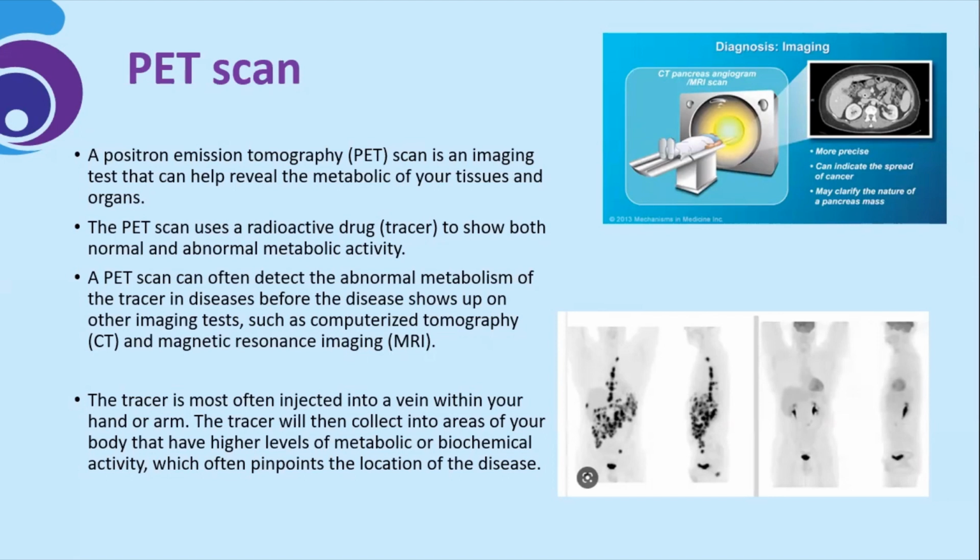The tracer, which is radioactive, is combined with a glucose solution. So you'll have an IV that has a sugary bag put up. Areas that use a lot of energy need sugar.